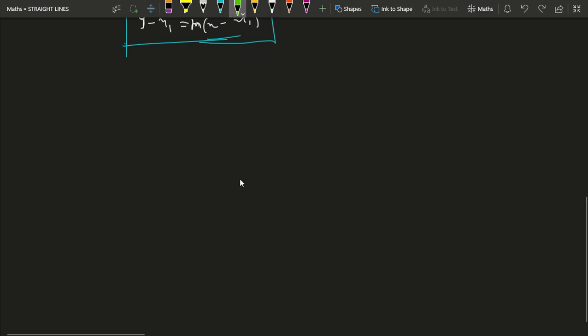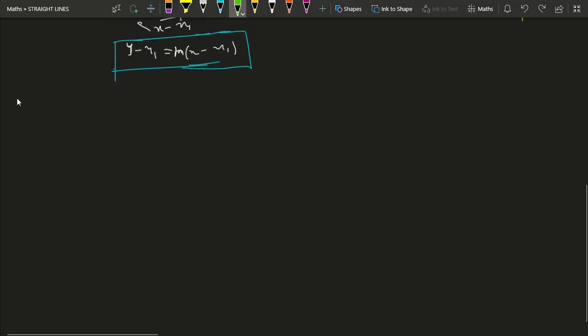general equation of line. Put the heading general equation of line. The general equation of line is ax plus by plus c equal to 0.